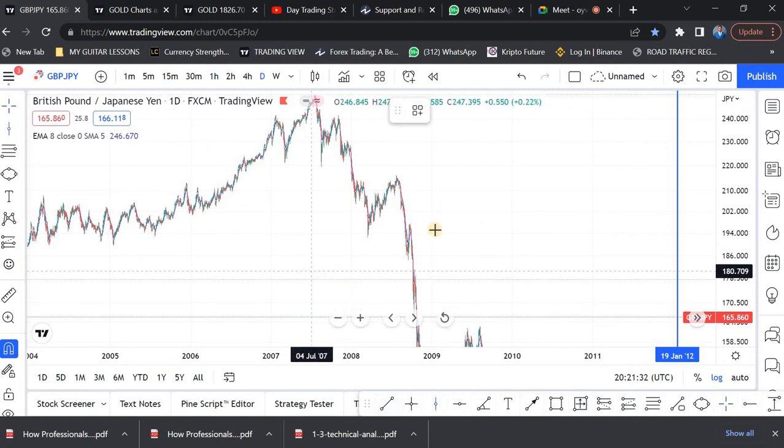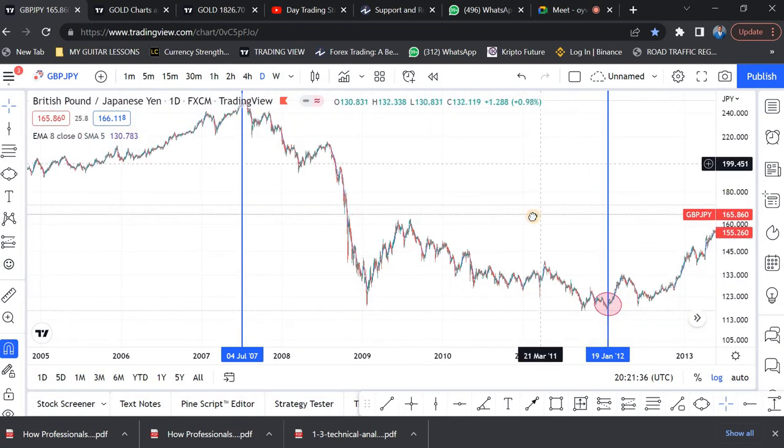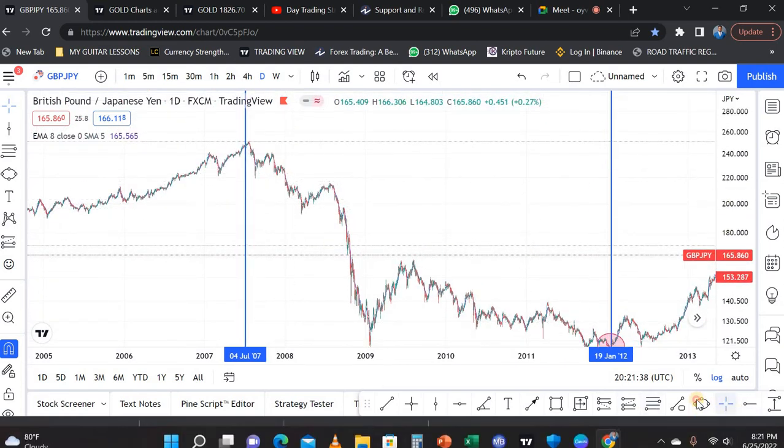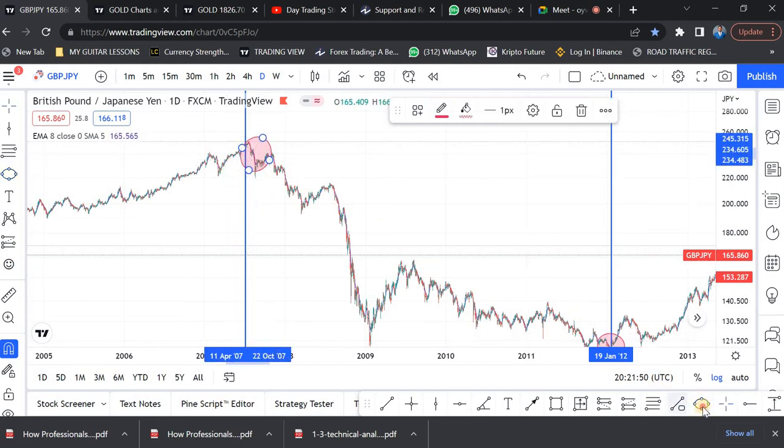The market is moving from this section up to this section.